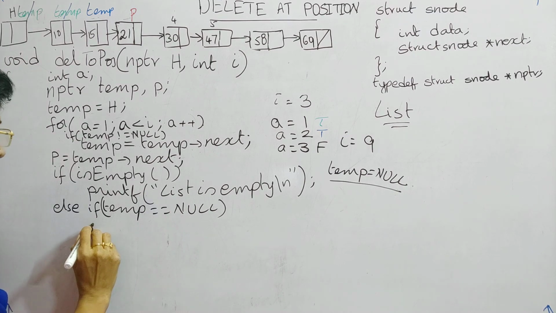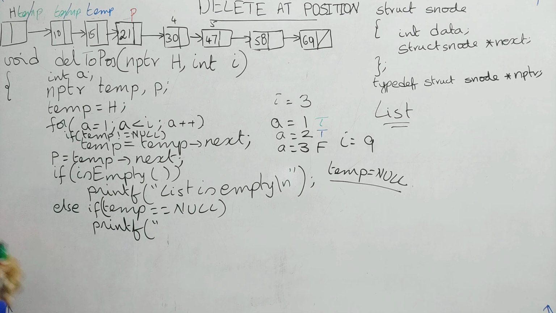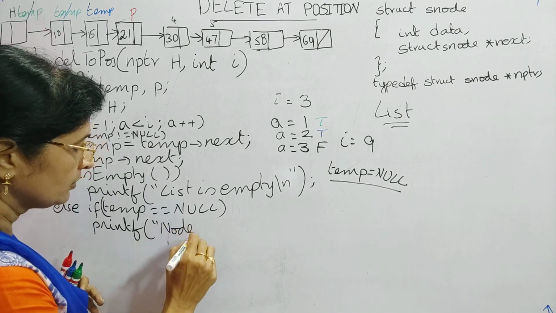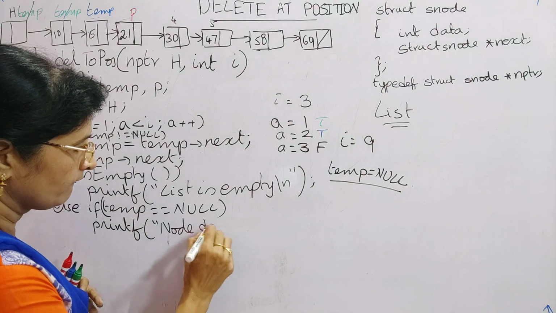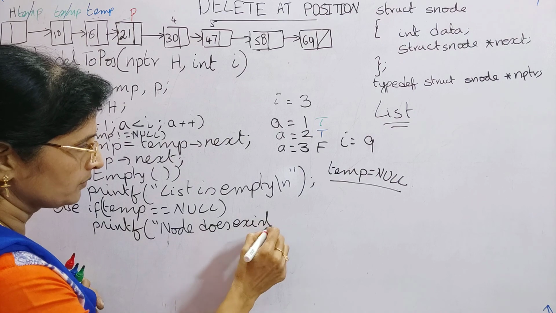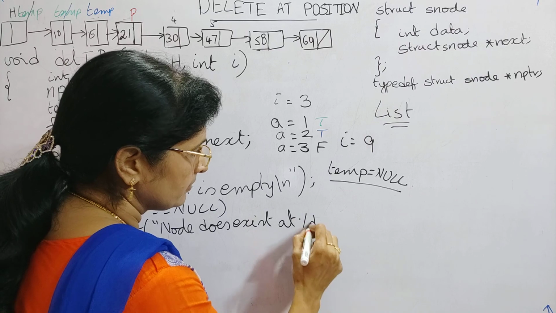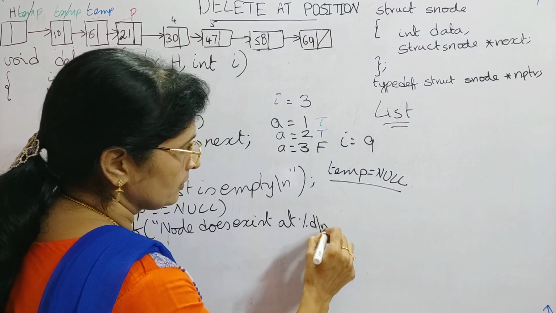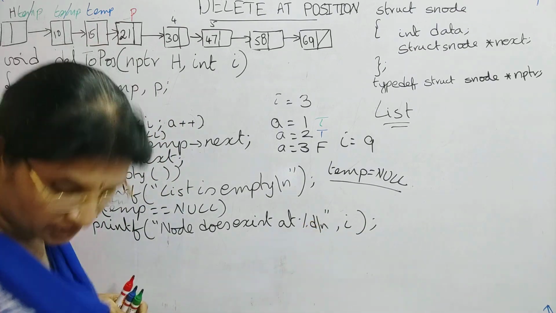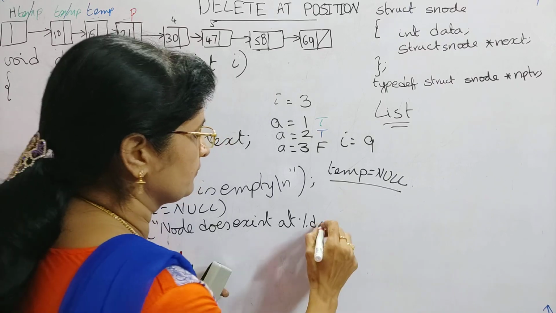So here also you can give a simple message: printf node doesn't exist at %d position. What is that %d? I. You can also give it as at %d position.